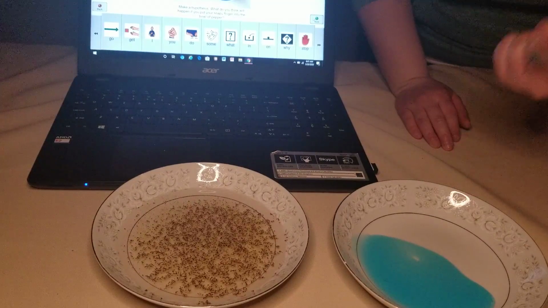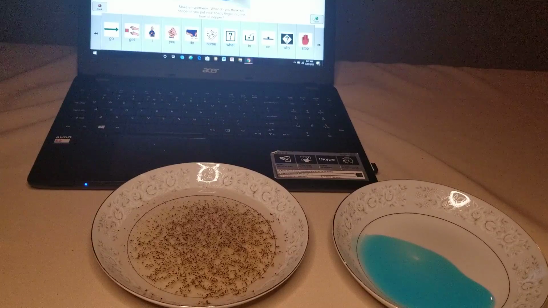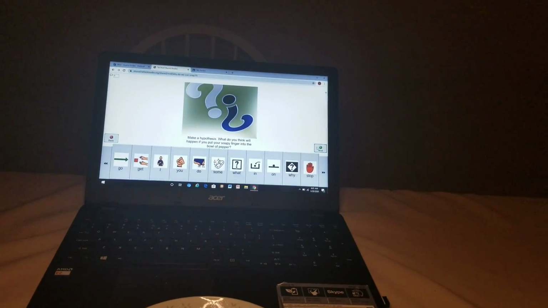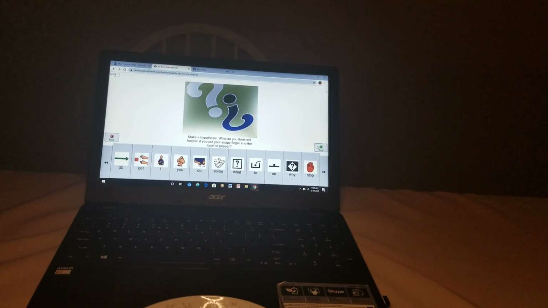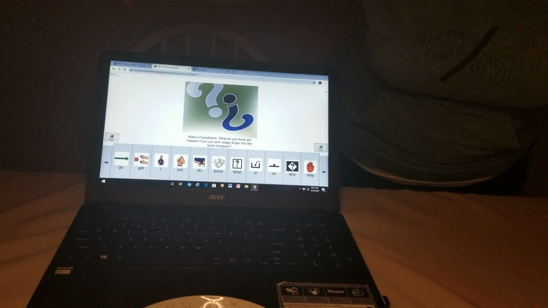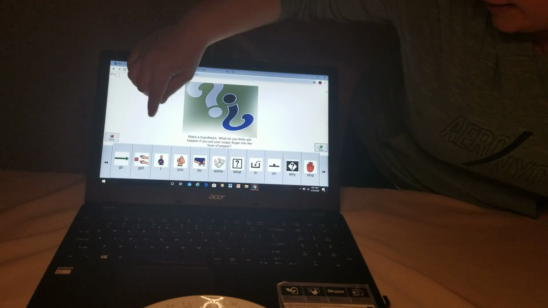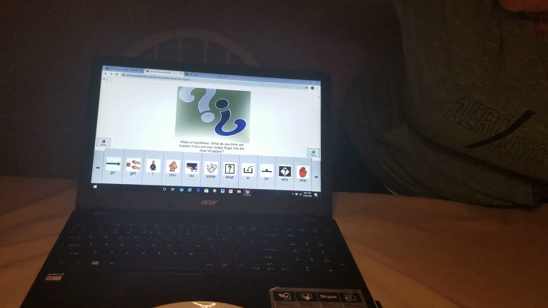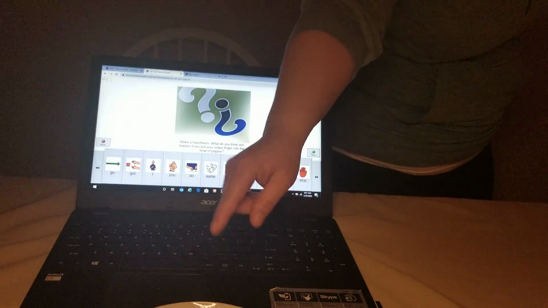Make a hypothesis. What do you think will happen if you put your soapy finger into the bowl of our pepper germs?